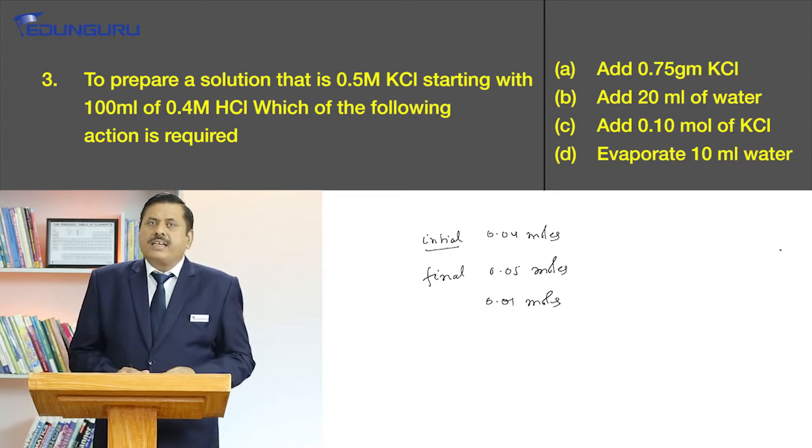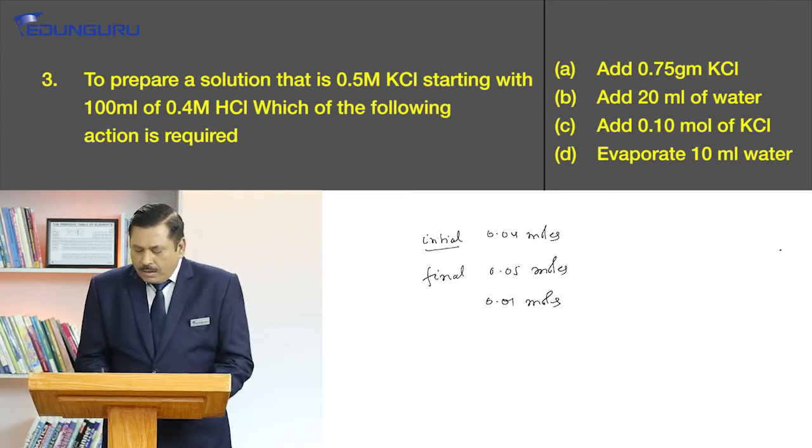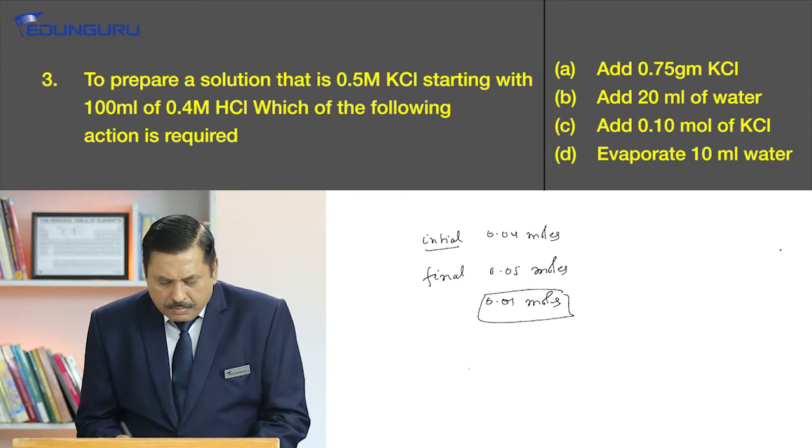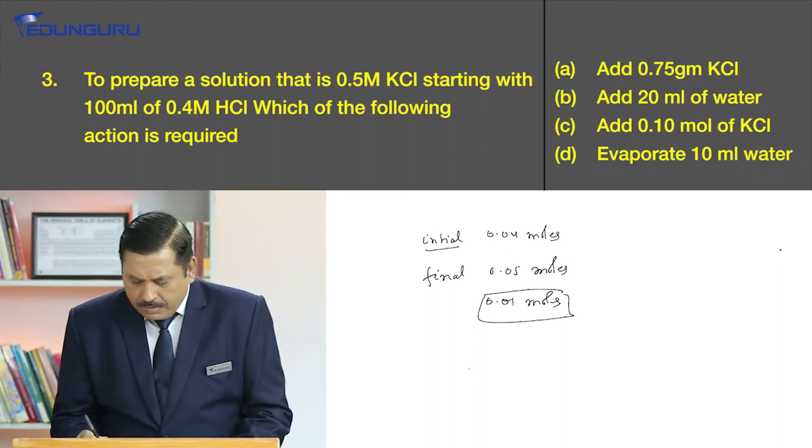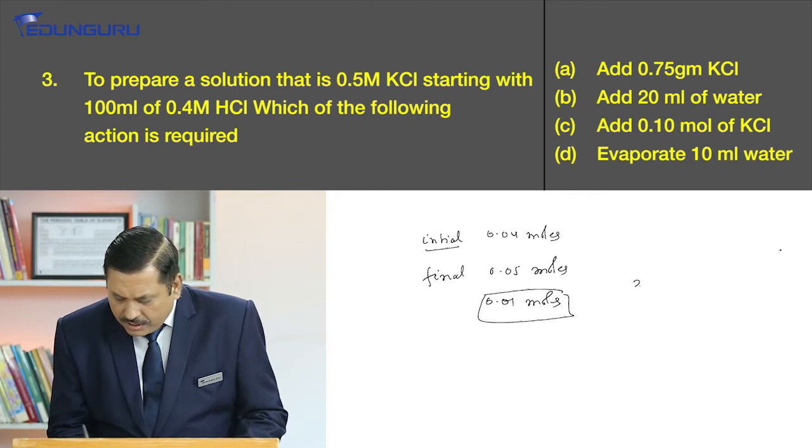Now let us check whether it is A or not. What is the molar mass of KCl? The molar mass of KCl: K is 39 and chlorine is 35.5.